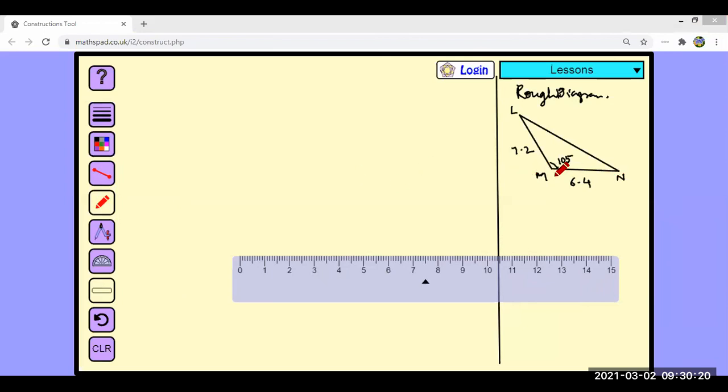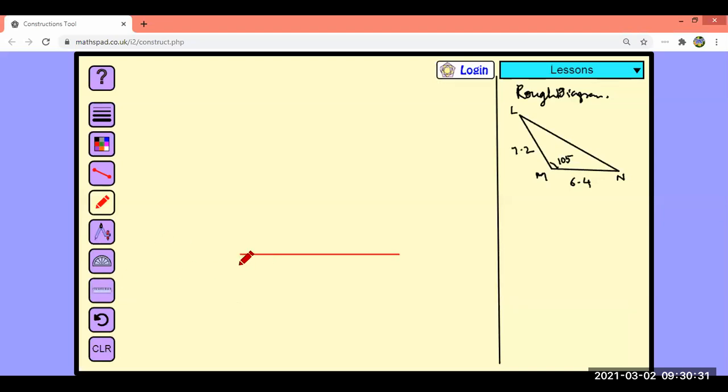We start with drawing MN, that is 6.4. So here I'm going to draw 6.4. Here this is 6.4. Okay, and we label it then and there itself. So this is MN, and this length is 6.4 centimeters.